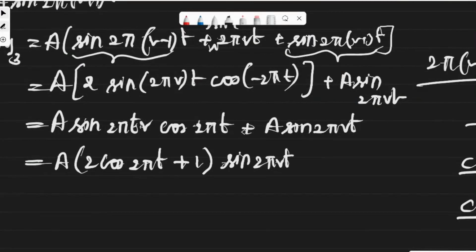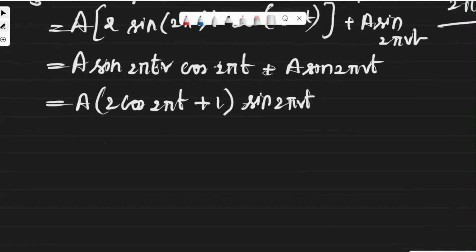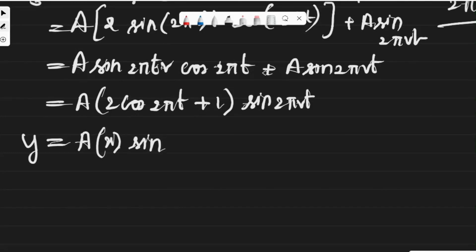I have taken a also common here. If we compare this equation with the standard equation, this would be the beats equation, where y will be equal to A of x into sine 2 pi vt.